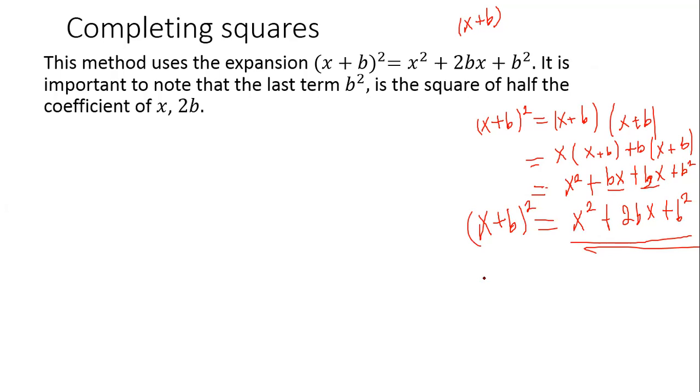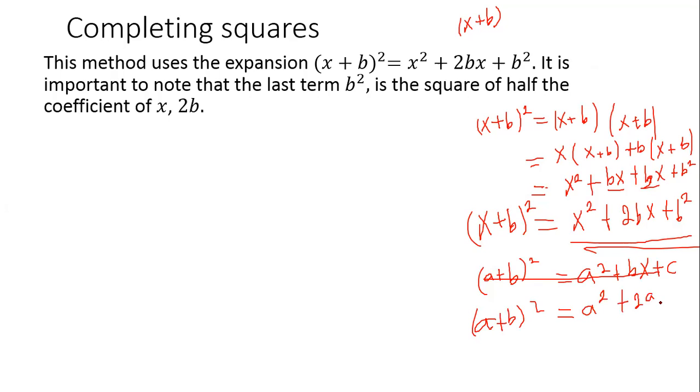And in some books it is written as a plus b squared, which is a plus b squared is equal to a squared plus 2ab then plus b squared. So in some books they have it like that.